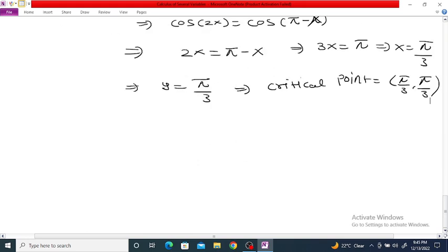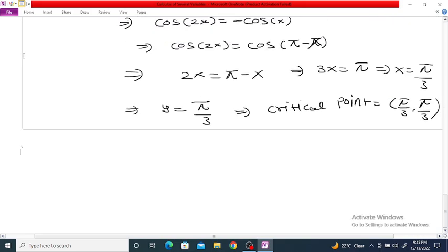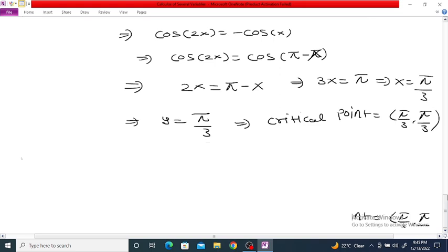Now the next example, find the Jacobian of u, v, example number 7, given u is equal to x plus y and v is equal to x minus y.